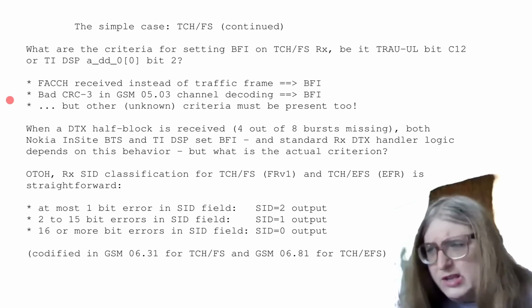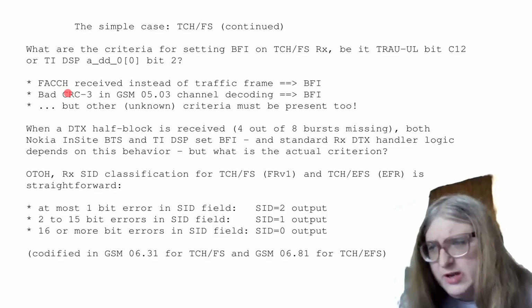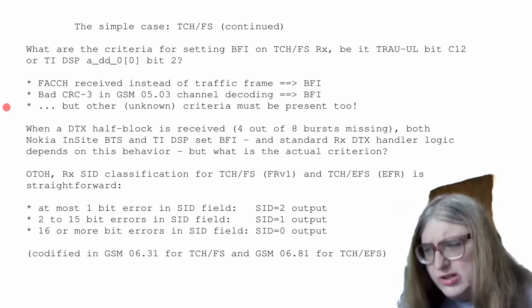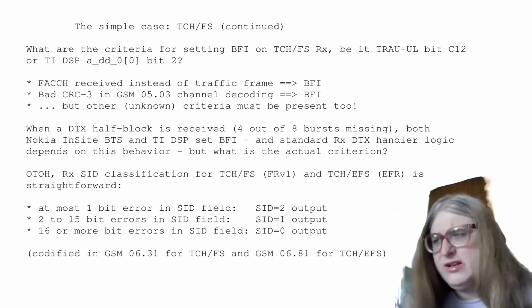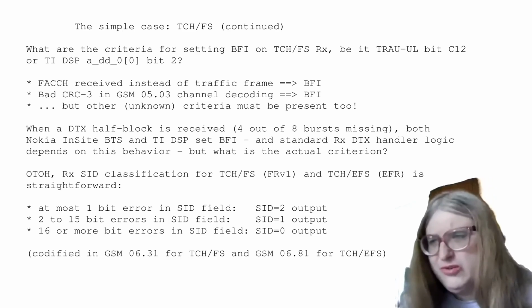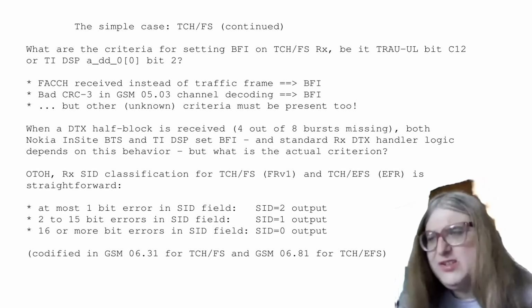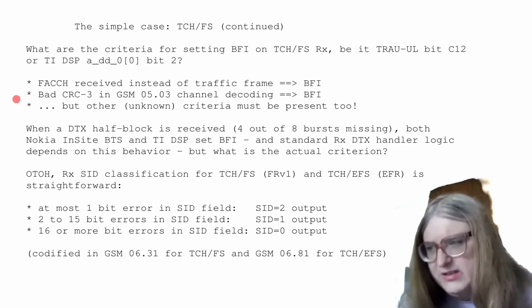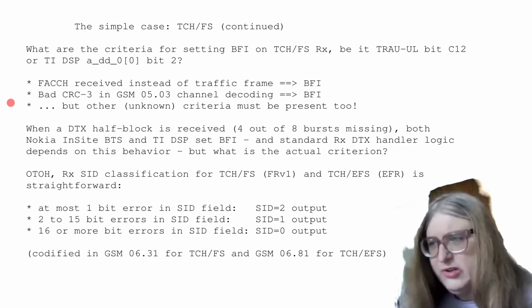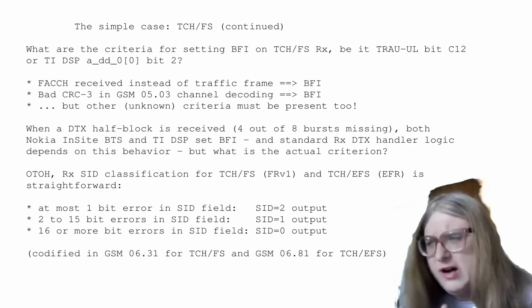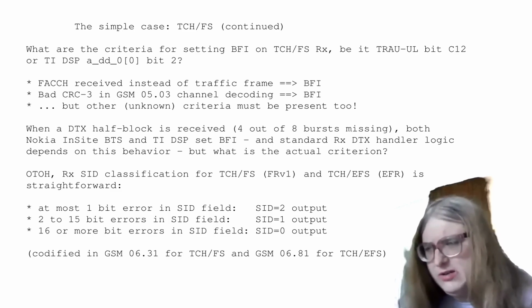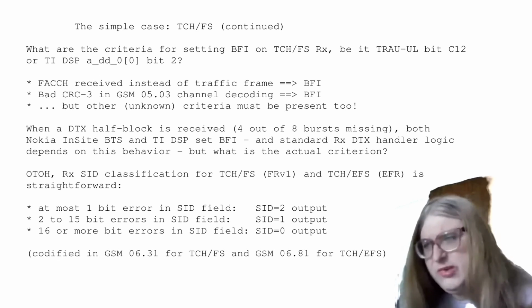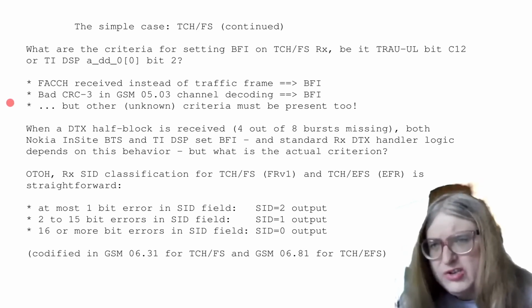In the case of full rate, we know BFI is supposed to be set if we got a fetch. And also there's a CRC3 done at the GSM 05.03 channel coding step. If that CRC3 is bad, you set BFI. That's obvious, non-controversial. Also, in the case of EFR, they have a CRC8, which is only in EFR, not in the others. If that one is bad, again, you set BFI. So that's all very straightforward.